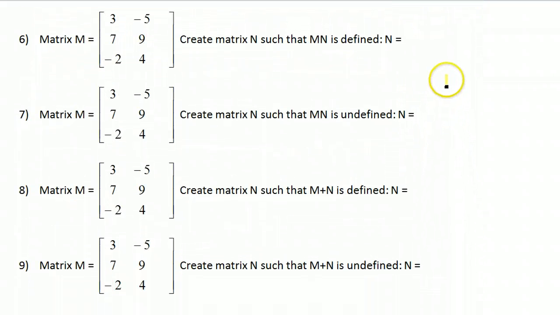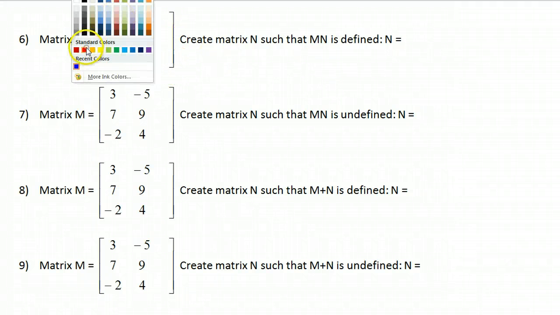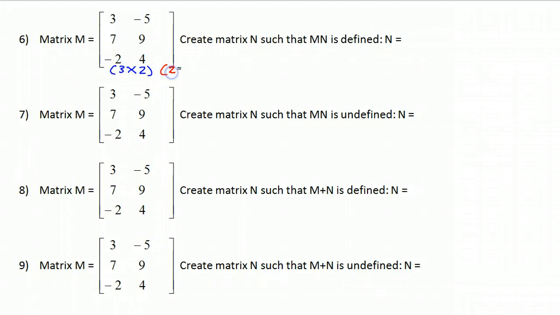All right, look at number 6. Now, this time we have to draw actual matrices. So here's matrix M. Now create a matrix N such that M times N is defined. Well, this is a 3 by 2 matrix. So if I want to multiply by a new matrix N, I need the new matrix to be 2 by something.